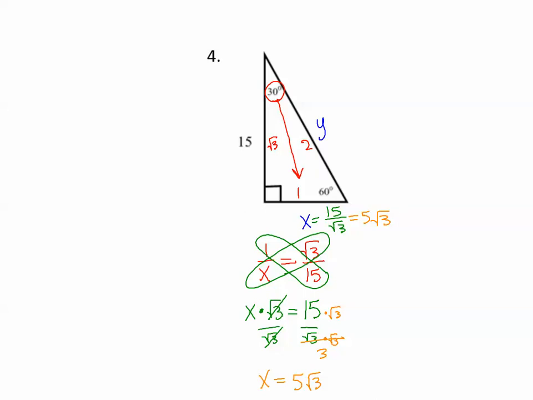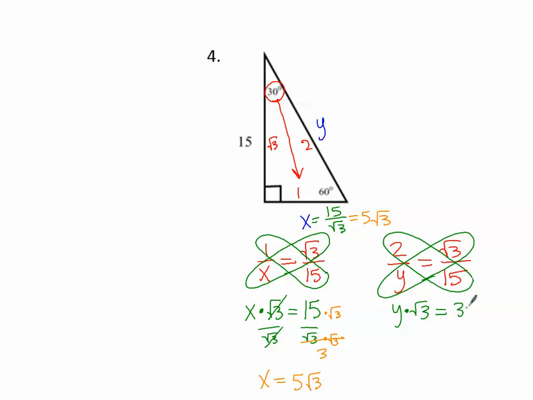Let's make a proportion for y. Inside number over outside number equals inside number over outside number. And we can cross multiply. y times square root of 3 equals 2 times 15, which is 30. Divide both sides by square root of 3, and y equals 30 over square root of 3.